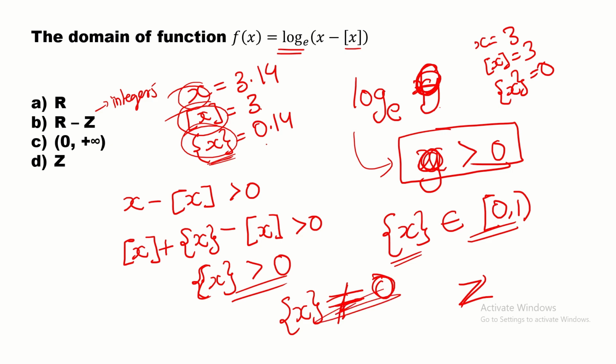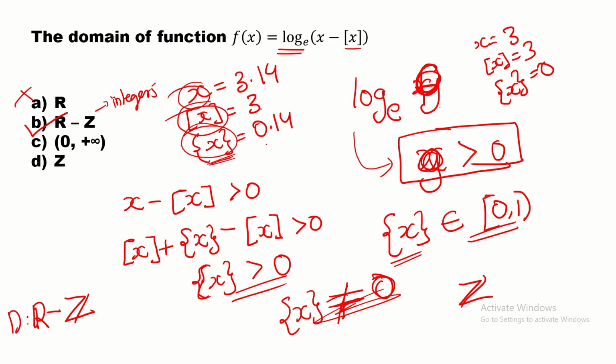Therefore, the domain will contain every such number except integers. That is, we can write the domain of the function as R minus all integers, because it is at those integers where fractional part of x is equal to 0, whereas we need fractional part of x to not equal 0. So option B, R minus Z, is the correct answer for this question.